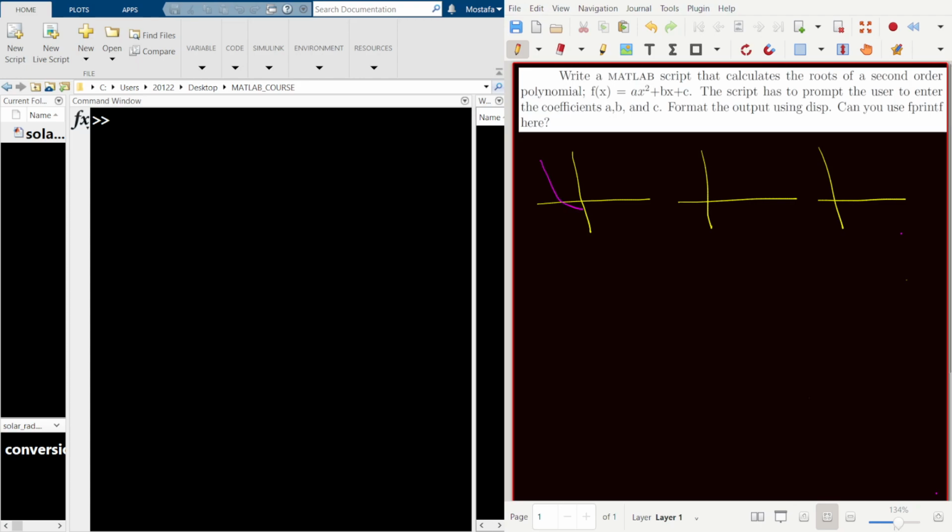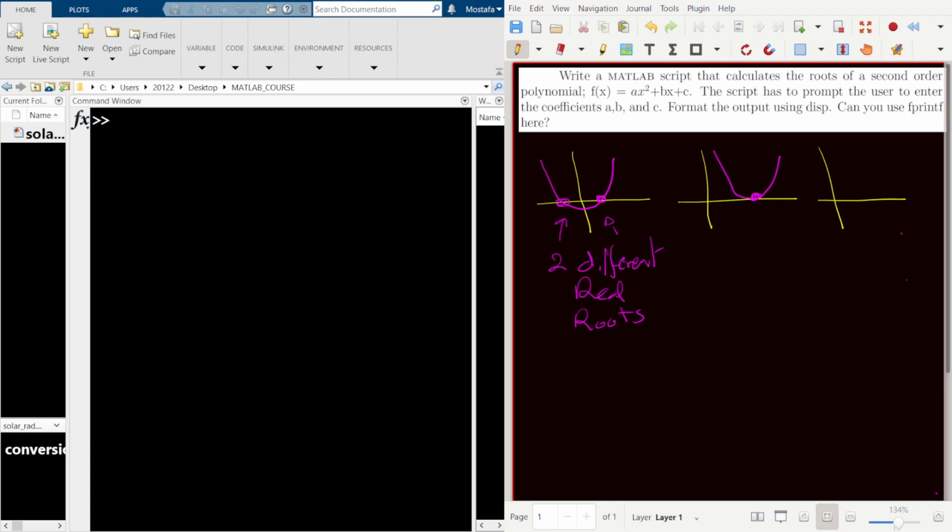They could intersect the x-axis in 2 points, and in that case there are two different real roots.